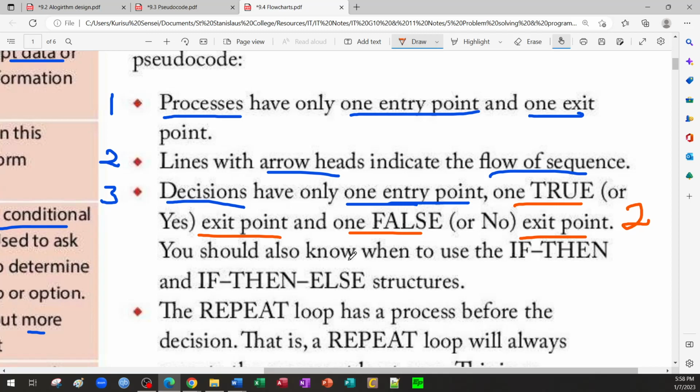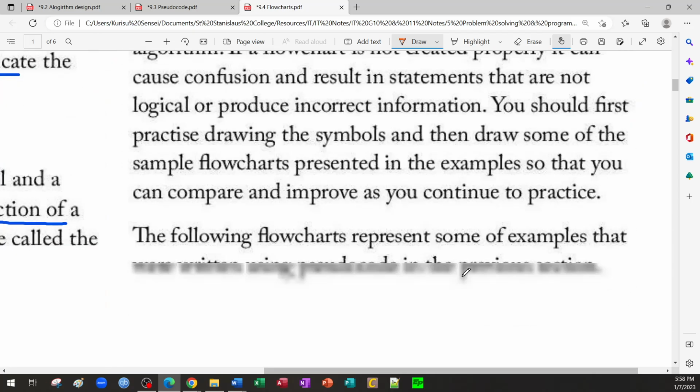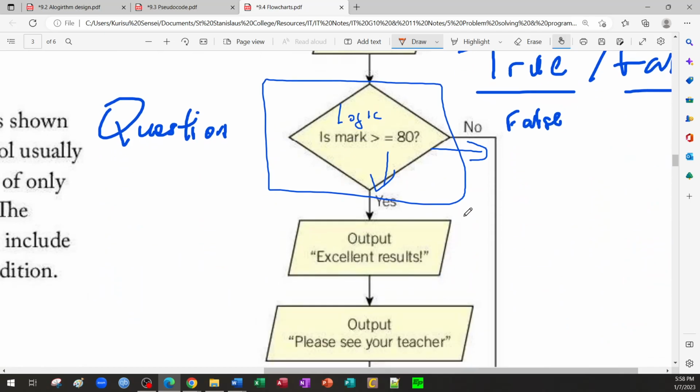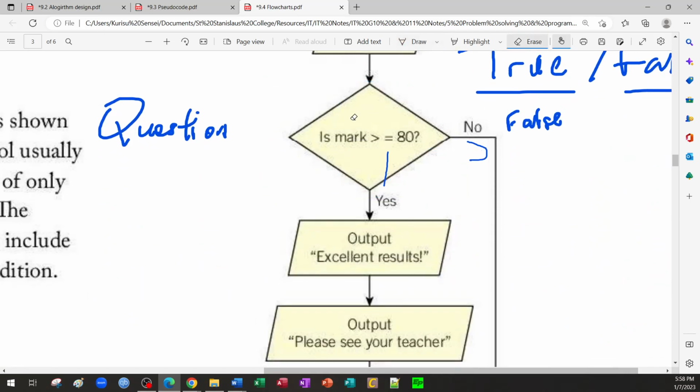You should also know when to use the if then and the if then else structure. So let's look at that example. So notice here, we have one entry point, so we can say one input and 2 output here, 2 exit points.